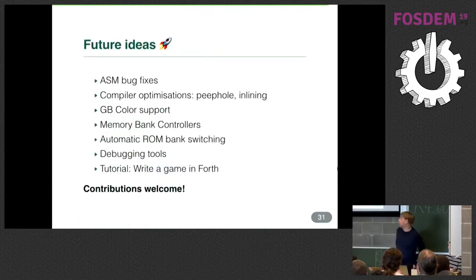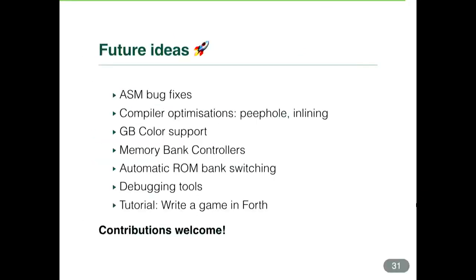So yeah, in the end we ended up with a pretty complete Forth implementation. I think we have some tickets still open to make it fully compliant to the standard. But everything that's missing now is... there's a lot of bugs in the assembler of the original Game Boy.